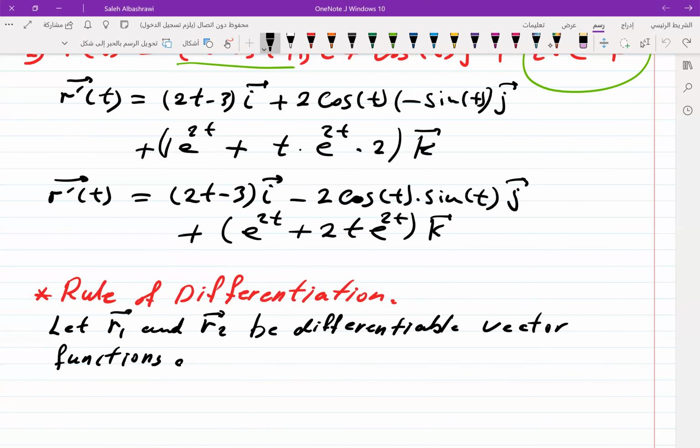And t is a scalar or differentiable scalar function.